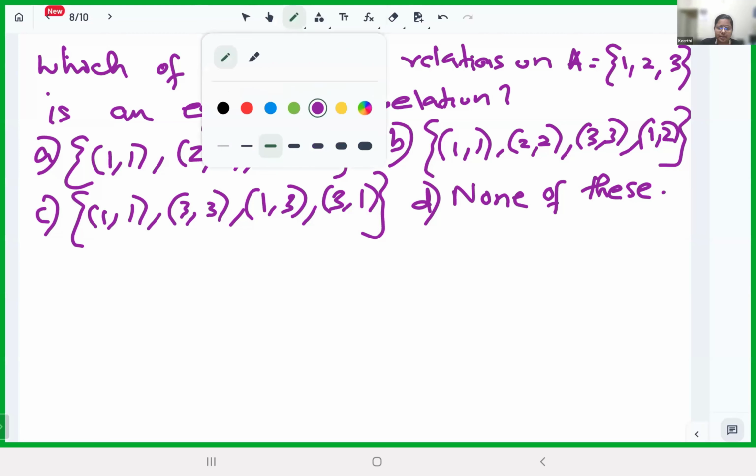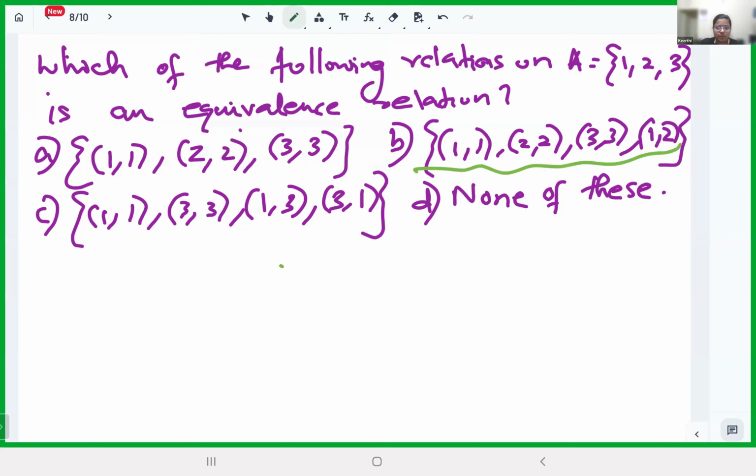For a relation to be equivalence, it should satisfy the reflexive condition, symmetric condition, as well as the transitive condition, right? So we can check whether option B is reflexive, symmetric, and transitive. First of all, the reflexive condition.